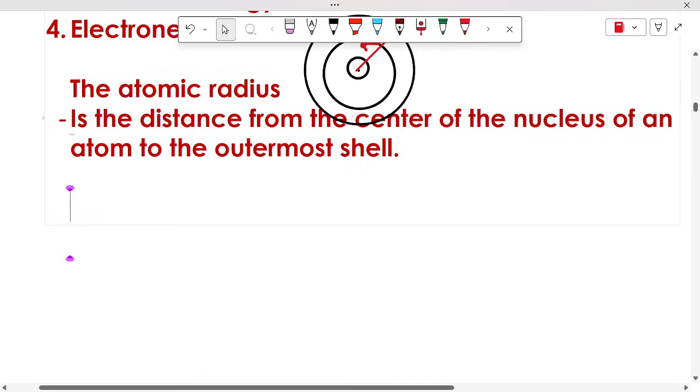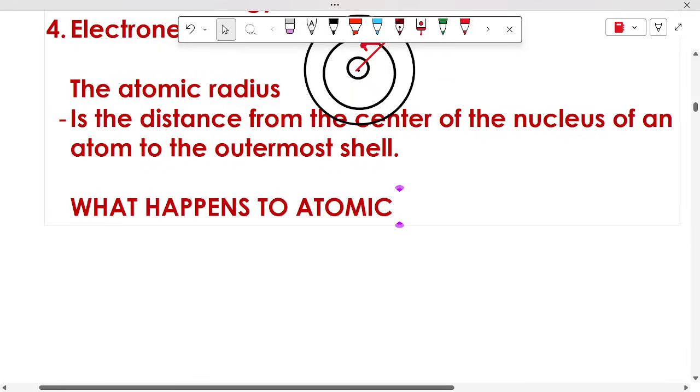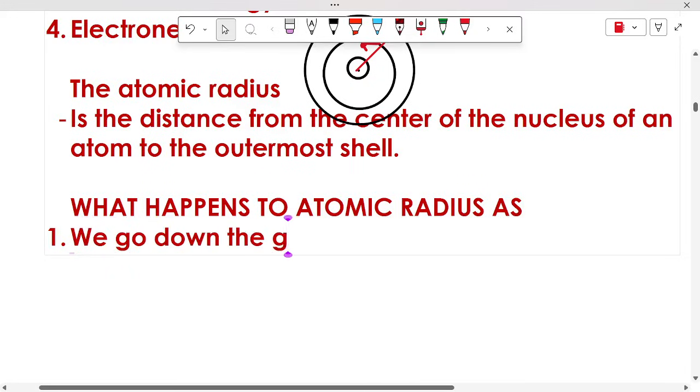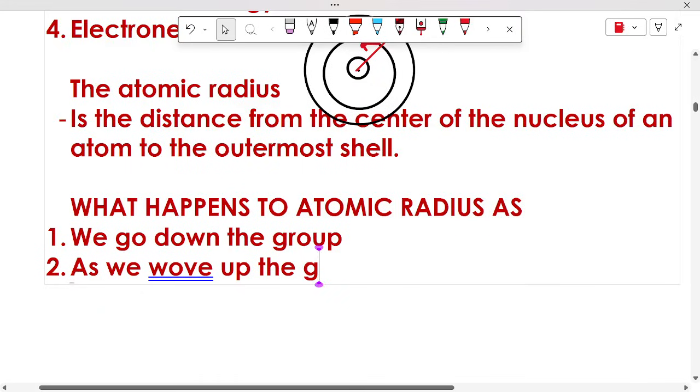Now the question should be, what happens to the atomic radius as we go down the group? Number one, as we go down the group. Number two, as we move up the group.